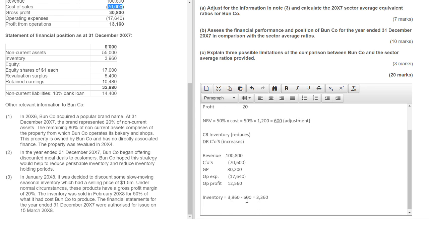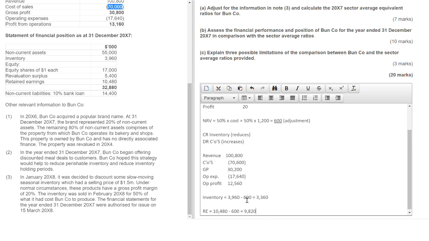And then don't forget, bit of a trick on the SFP. Your retained earnings were there at 10,480. If you've made an adjustment to cost of sales, you've adjusted the profit, that will go through there as well and reduce your retained earnings by the same 600 amount. So is that the 9,820? Okay, excellent.